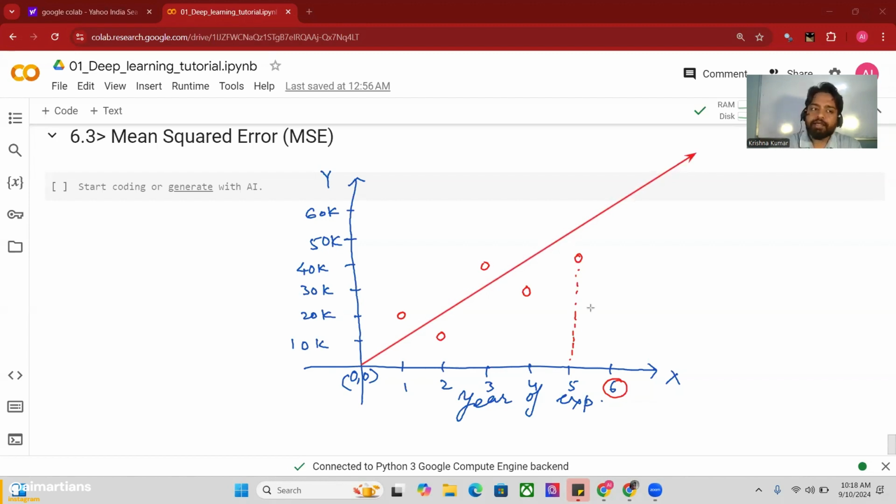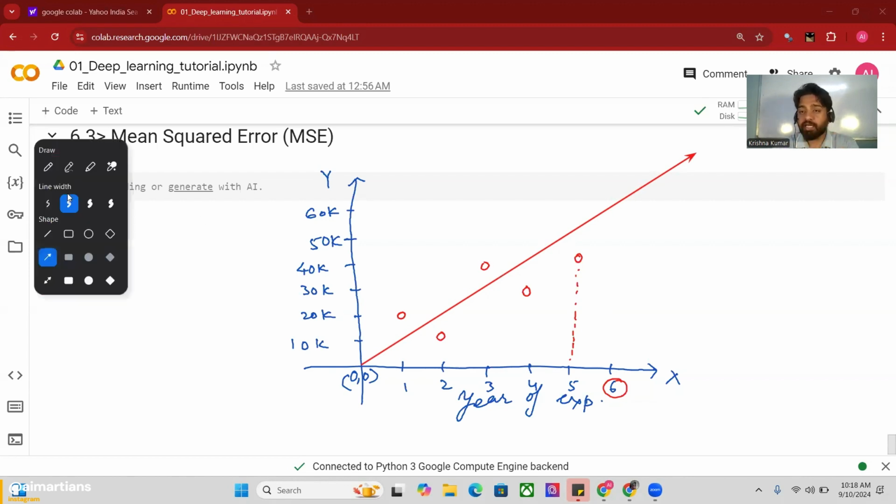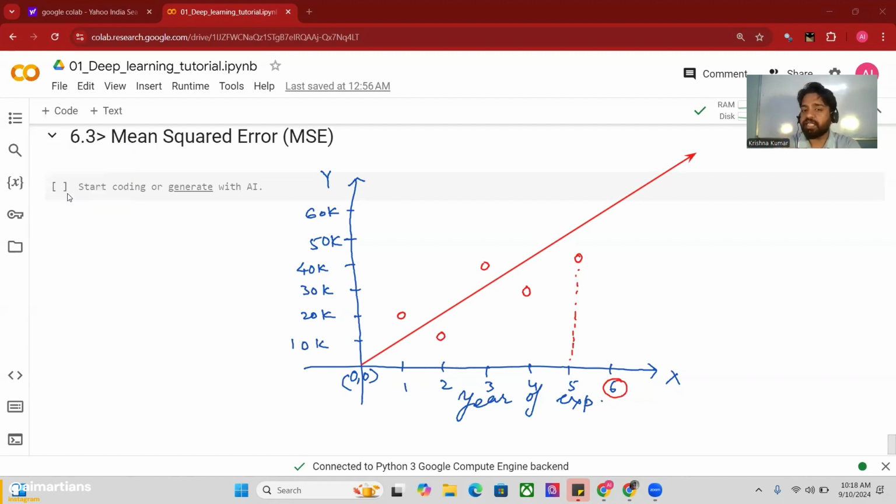Okay, and I will try to cut this line. This is an approximate line. This is a hypothetical line. Okay, I'm just creating it. Why I'm creating it, I will just let you know.